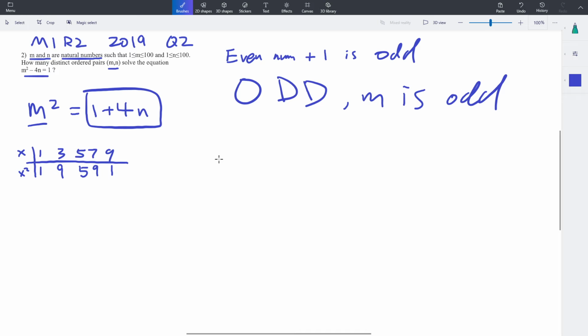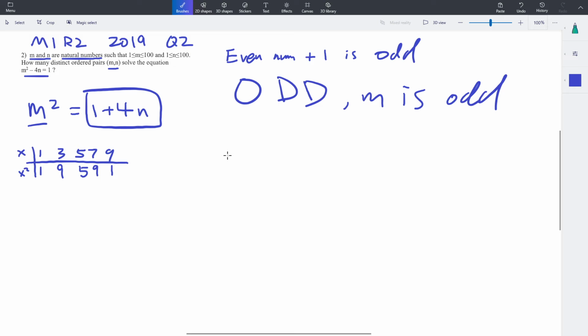Well, if 4n plus 1 is a square number, what does that say? M squared is odd. Interesting. So let's look at an upper limit.